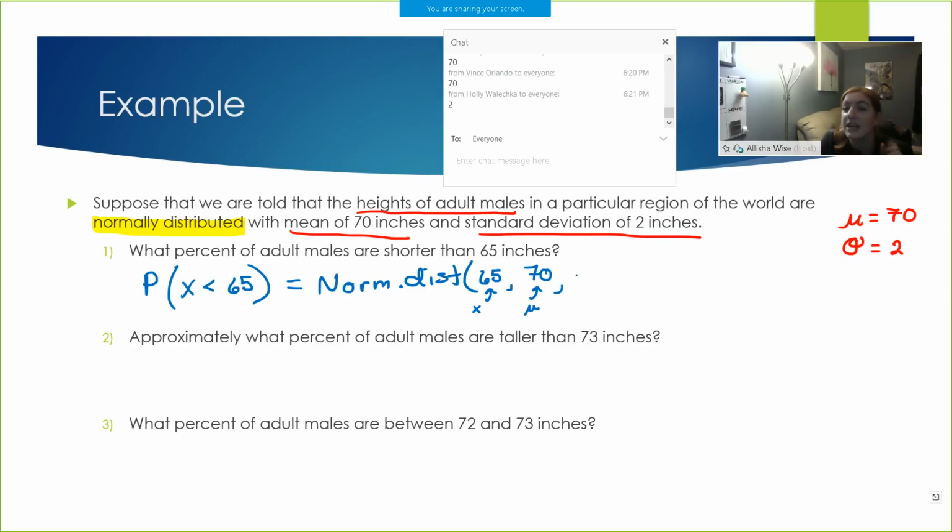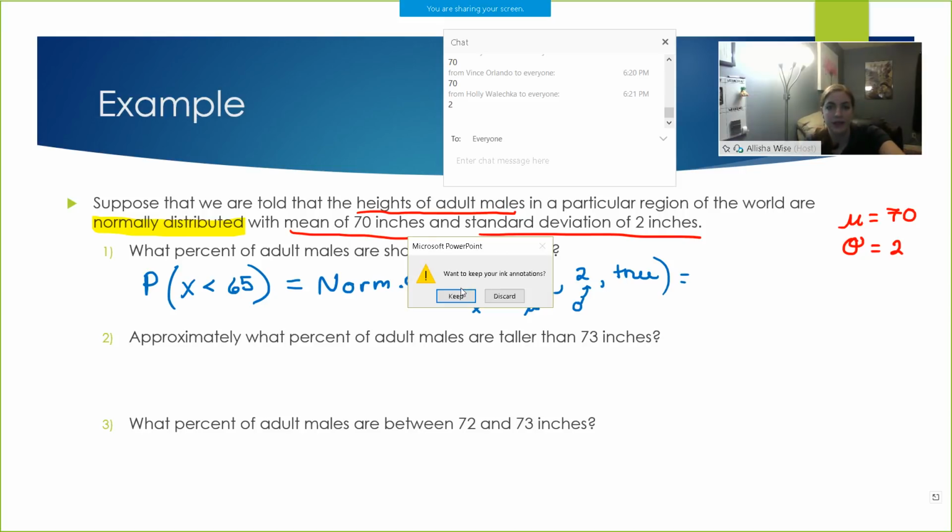Okay. And then your next number is 2, because that is your standard deviation. And we already defined them over on the side, so we just reach over and grab them. And then, of course, we get true. Okay, go ahead and plug that in. Let me know what you come up with as soon as you calculate it.